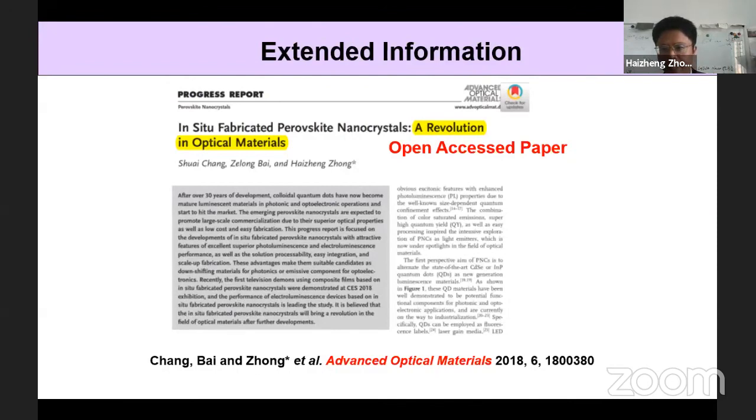Okay, I think this is all of my talk, and it's quite a long one. I just talked about in-situ fabricated perovskite nanocrystals. I believe it provides a revolutionary methodology to fabricate optical materials for photonics and optoelectronic applications.